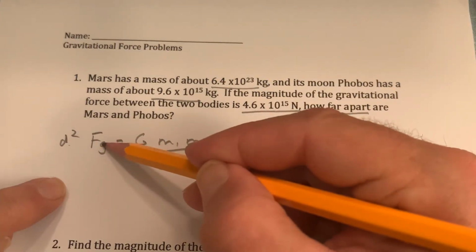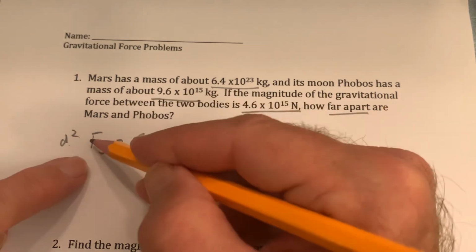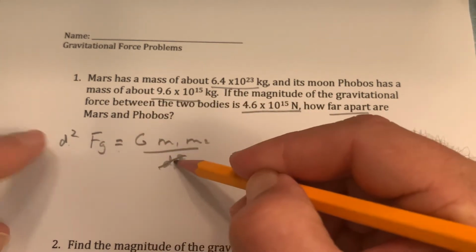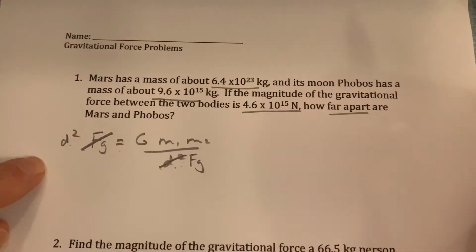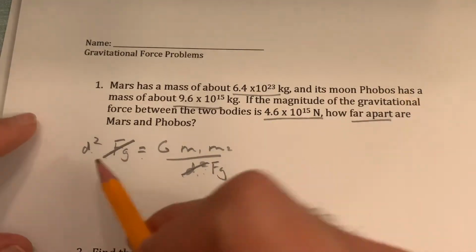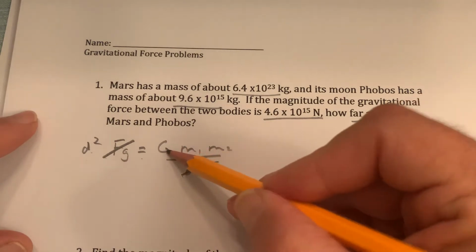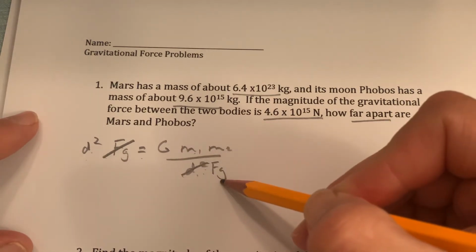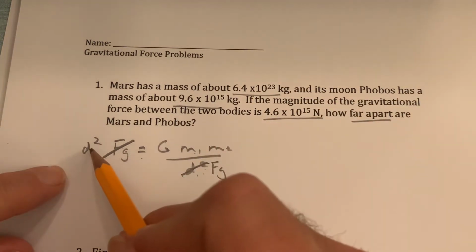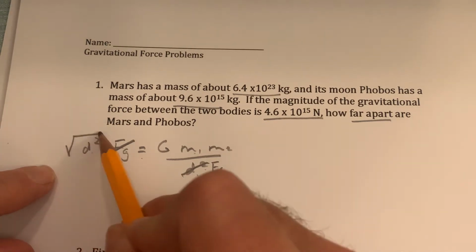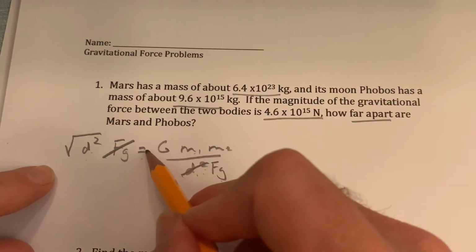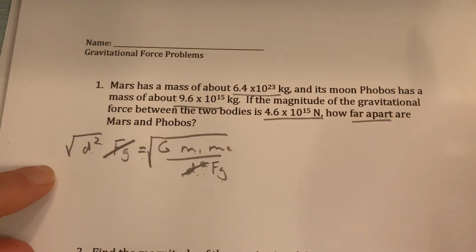And if we move Fg across the equal sign, it's going to move from the numerator to the denominator. So Fg would go on the bottom. And so we got d squared equals G m1 m2 over Fg. And then remember, we're not going to solve for d squared, we're solving for d. So you'd need to take the square root of that, and you must do the same thing on both sides of the equal sign.